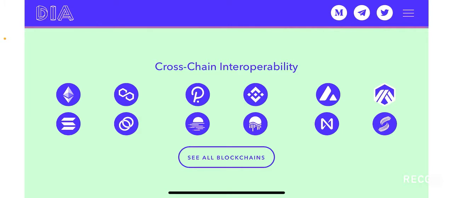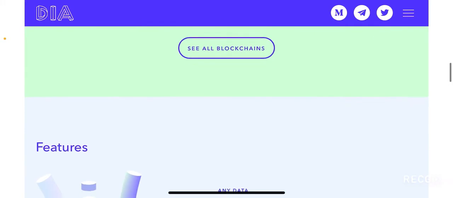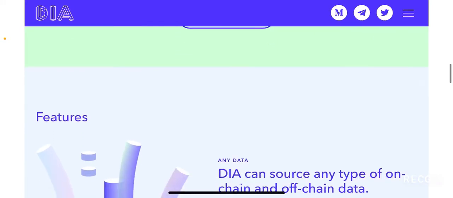They are also available on Polygon, Polkadot, Binance Smart Chain, Avalanche, Arbitrum, Solana, Celo, Moonriver, Moonbeam, Nervos Network as well as Shiden Network. And now I think with the inclusion of Astro Network, the list will continue to grow, with other projects from the Polkadot ecosystem also potentially incorporating DIA, right?